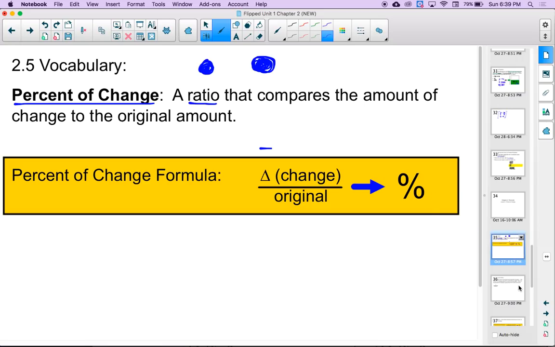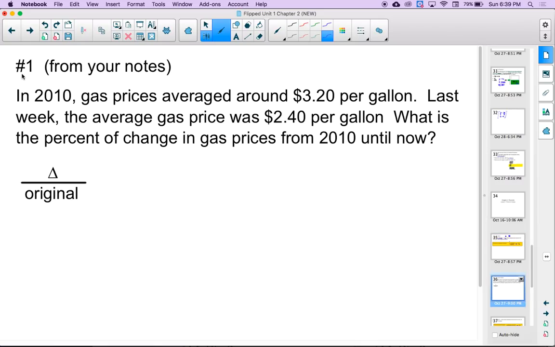You're going to skip a little bit ahead in your notes to question number 1 in your practice problems. So in your practice problems, it says, in 2010, gas prices averaged around $3.20 per gallon. This was our original amount. This was how much it cost in 2010, so several years ago.